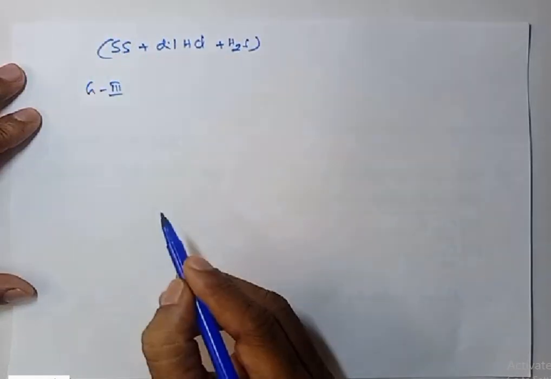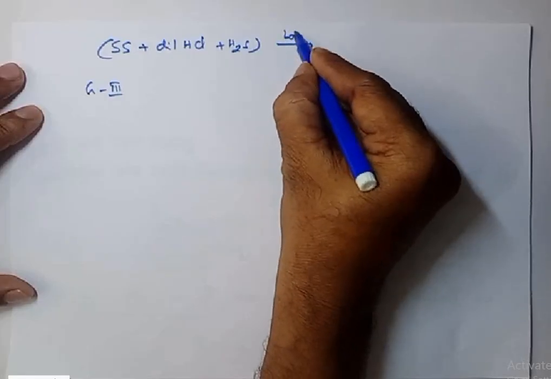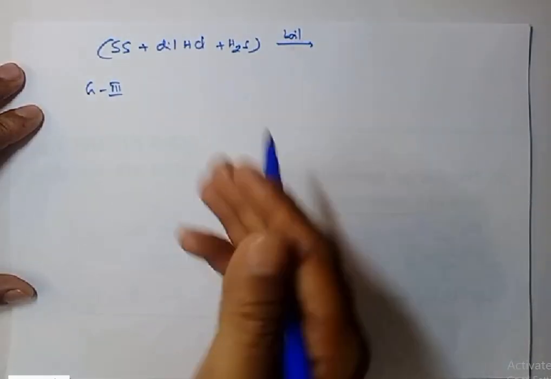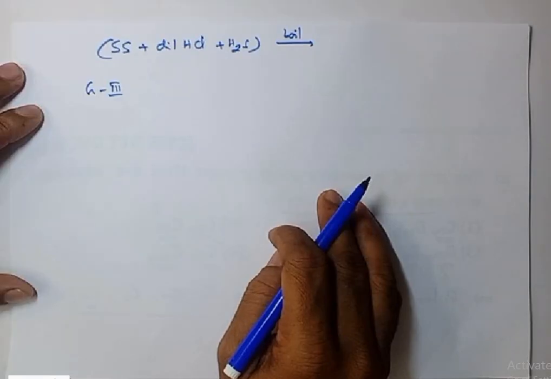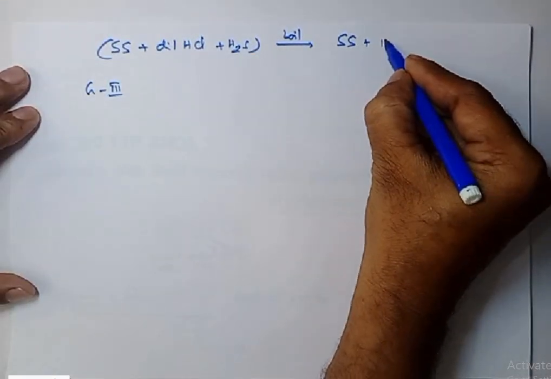So what do we have to do? We have to remove this. How? Just boil the solution. If we boil it, H2S will go away. And we have salt solution and a very low concentration of HCl may be there.